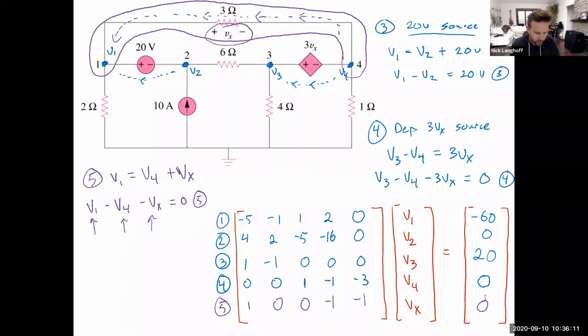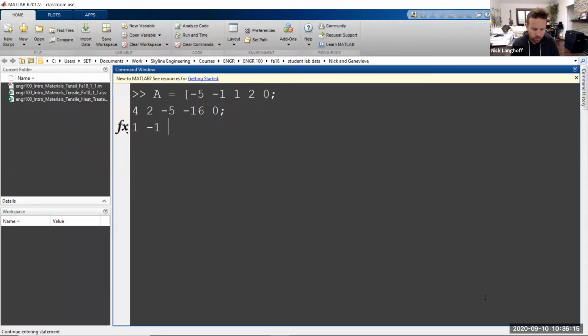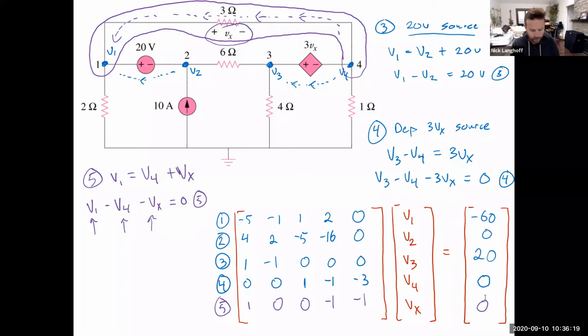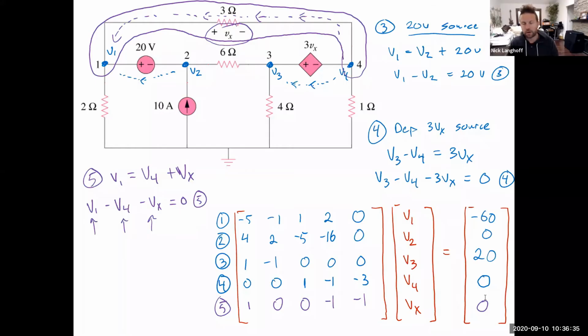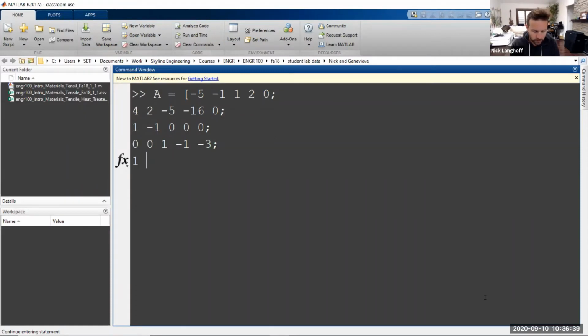The next row is 1, negative 1, and the rest zeros: 0, 0, 0. The next one is 0, 0, 1, minus 1, minus 3. You have to be careful that you're not getting any typos in here. And then the last row is 1, 0, 0, negative 1, negative 1.